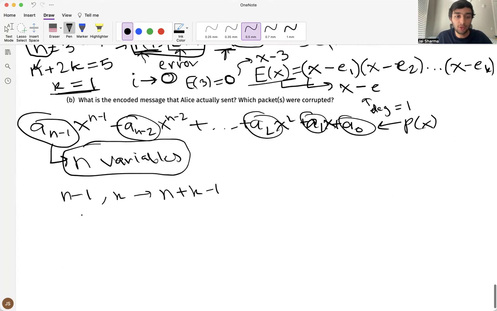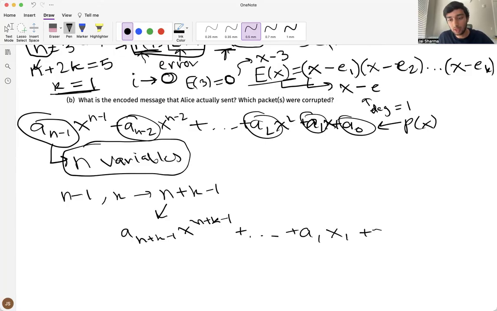But the thing to notice here is that if this is an n plus k minus 1 degree polynomial, the first term is going to be a_(n+k-1) x to the n plus k minus 1. Sorry for the messy handwriting. Plus all the way to a_1 x^1 plus a_0.